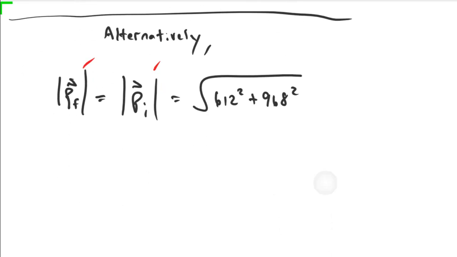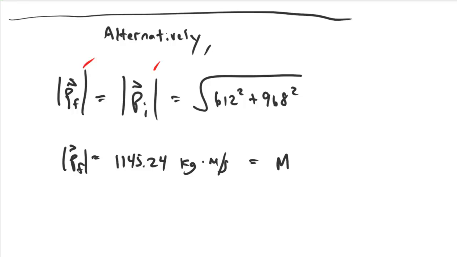So that's the magnitude of the final momentum. This comes out to 1145.24 kilogram meters per second.